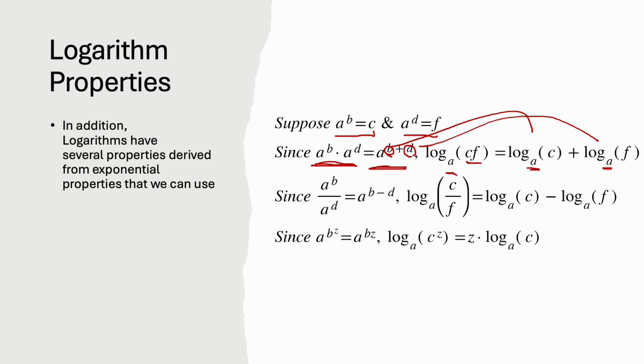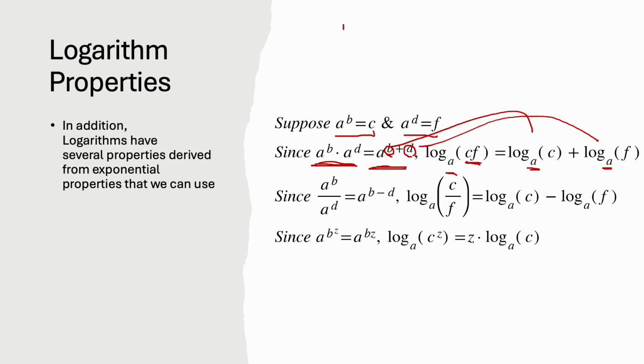And because by multiplying the numbers you add the exponents, we're going to add the log values when we multiply the numbers inside. So if you have two numbers multiplied inside of a log, you can split them out into different logs and add them together. And so that's the first one.